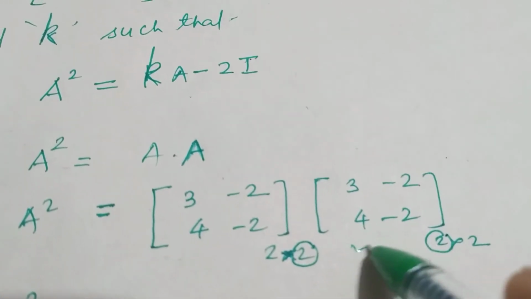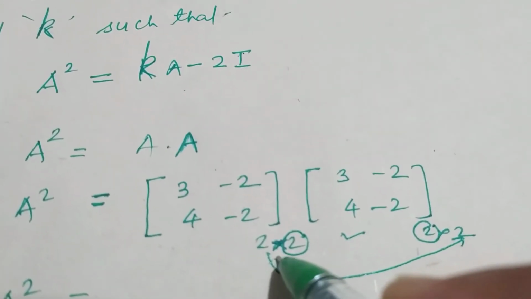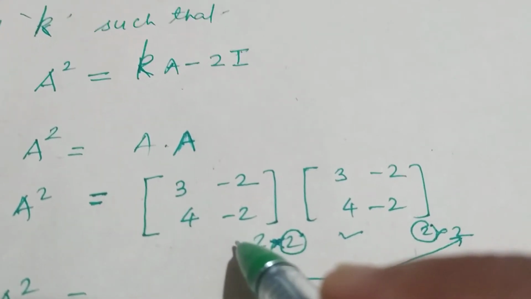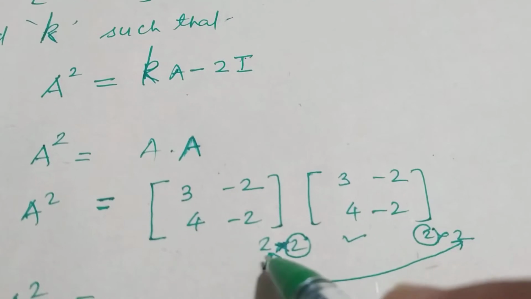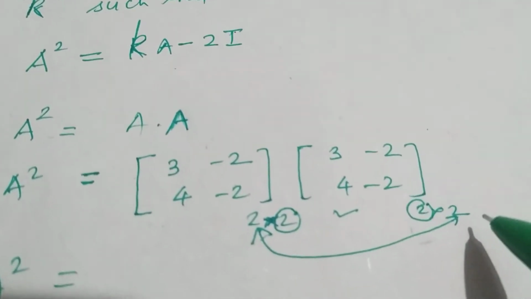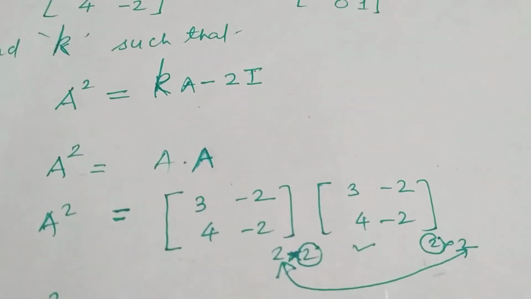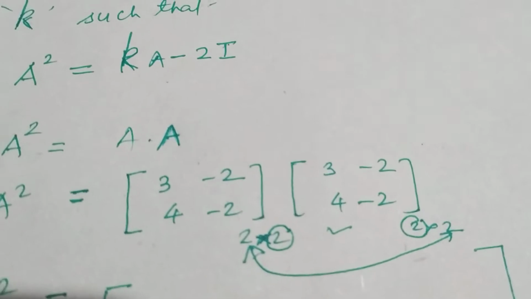That is done. The resultant matrix has an order equal to the number of rows of the first matrix by the number of columns of the second matrix, that is 2 by 2. It is very clear that the resultant matrix is a 2 by 2 matrix.